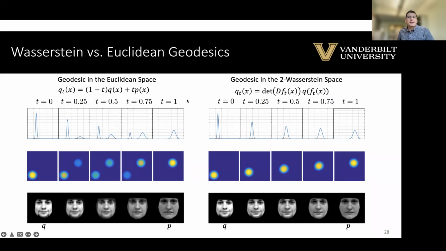But if we do the same thing in the Euclidean space and calculate the shortest path, we see mass is going to be destroyed in one location and created in another location completely, right? So essentially mass teleportation is happening here, which is not respecting the underlying geometry of the problem.